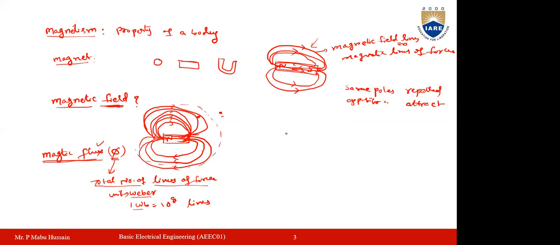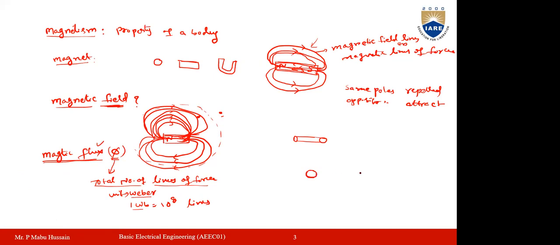Okay, so now if you take a conductor, now this is one conductor. Now this representation of a conductor may be like one circle also, right?